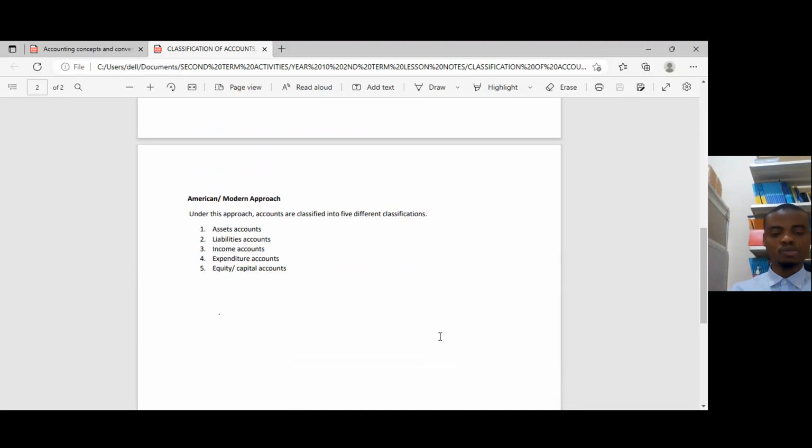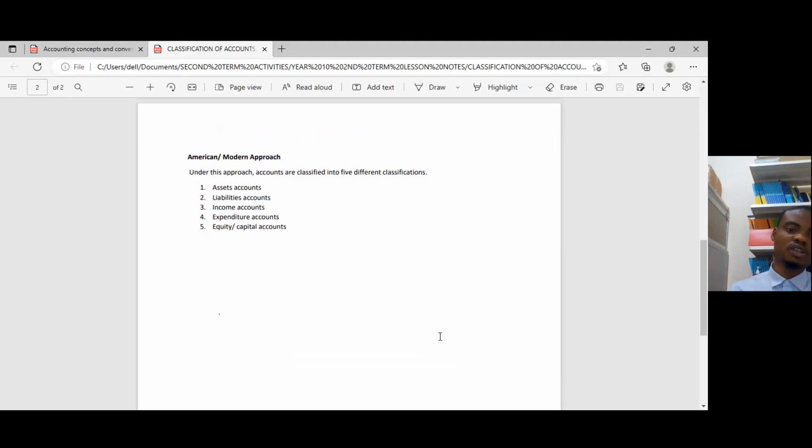Now look at the modern approach. The modern approach is more or less the same as the traditional approach. It's just that the classification is different. Under the American approach, also known as the modern approach, accounts are basically classified into five. We have asset accounts, liabilities accounts, income accounts, expenditure accounts, and equity, also known as capital account.